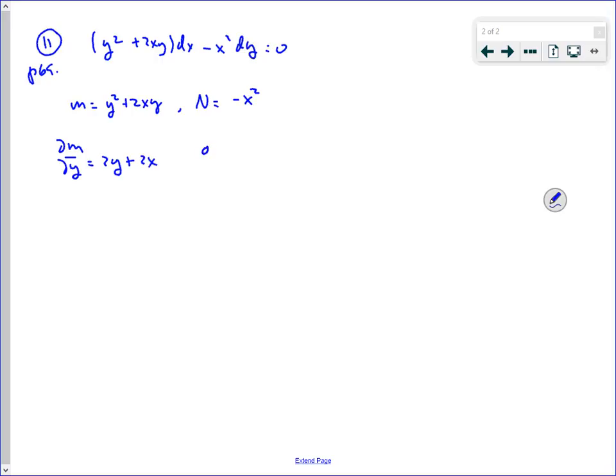And the partial of N with respect to x is minus 2x. So if those two were the same, I'd have an exact equation, and we would then integrate M with respect to x and figure out whatever the constant function would have to be. But those aren't the same. Okay, so they're not exact.